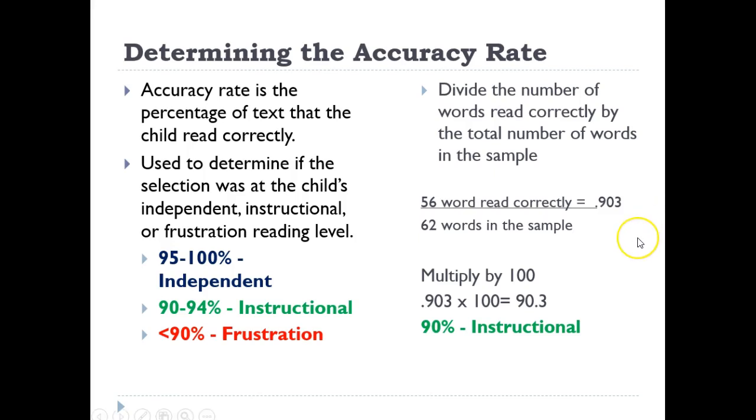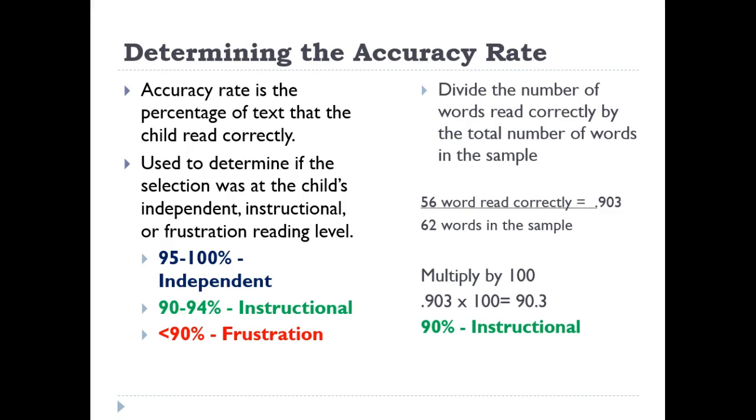There were 62 words in the sample and 56 words were read correctly. So you divide 56 by 62, and that gives us 0.903. You multiply that by 100 and we've got 90.3. Again, we round to the nearest whole number, and it gave us the 90% instructional rate.